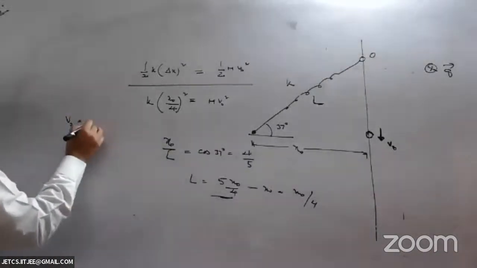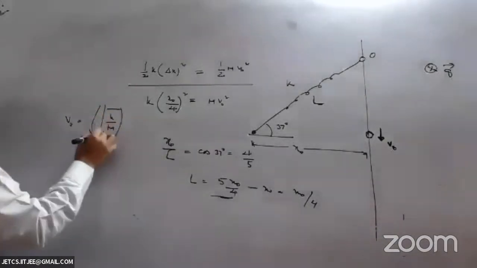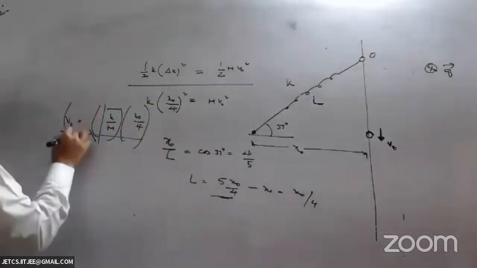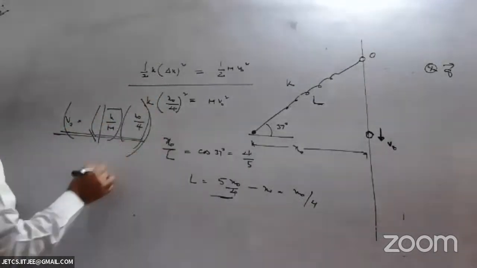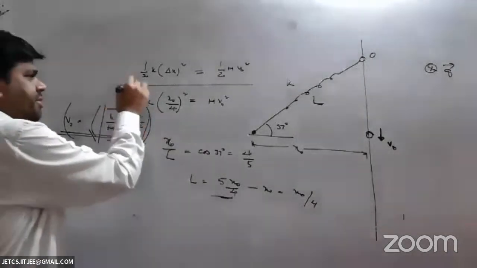So V naught is equal to root k by m into x naught by 4. So I get the speed like this. Is it okay? All I did was, the physics of the problem ended here.